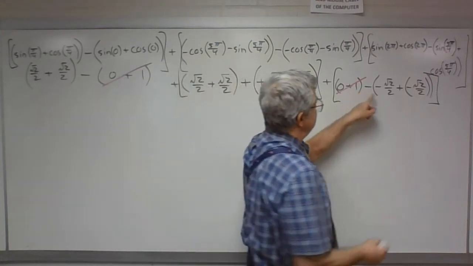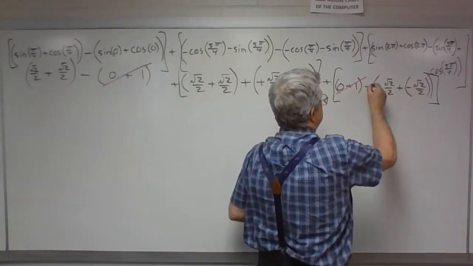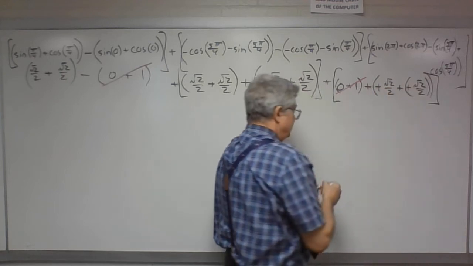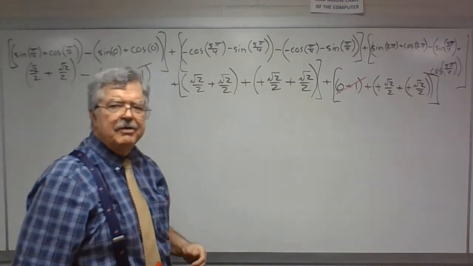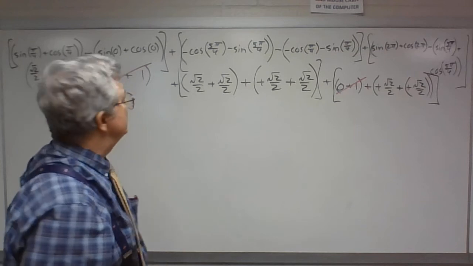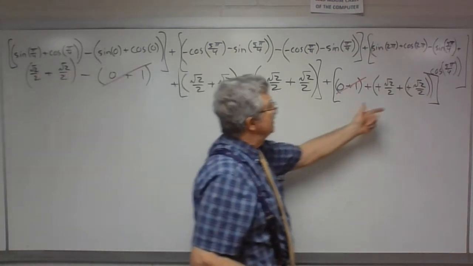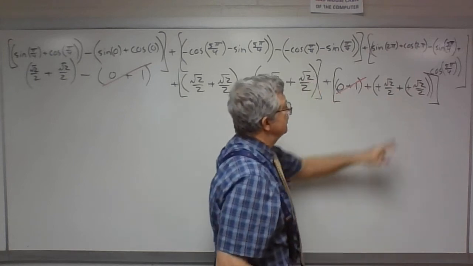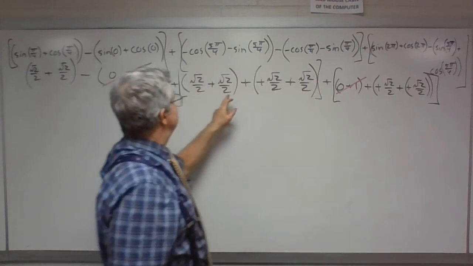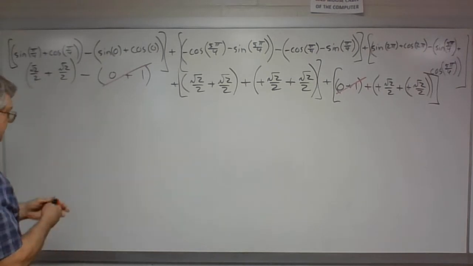And I have minus and minus, that makes plus again. So it looks like all of the terms that have square root of 2 over 2 are positive. Positive, positive, positive, positive. And we have 1, 2, 3, 4, 5, 6, 7, 8 of them.